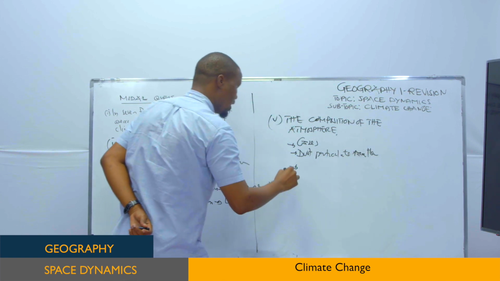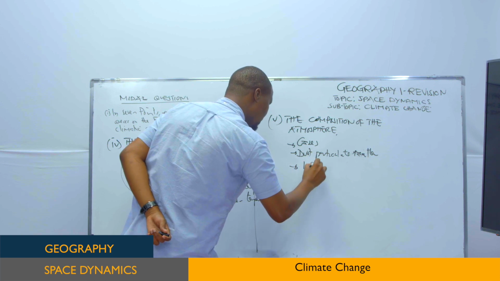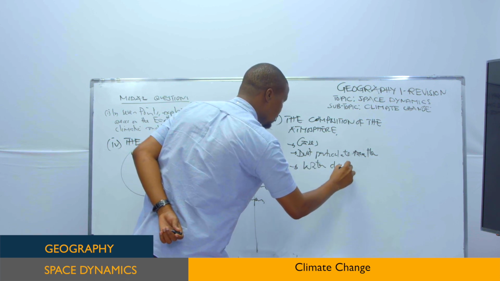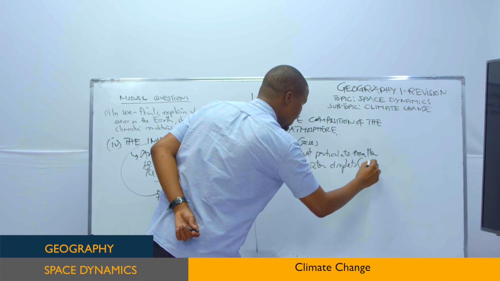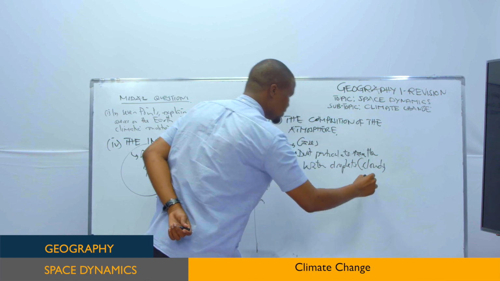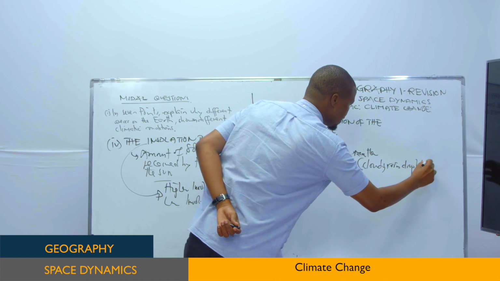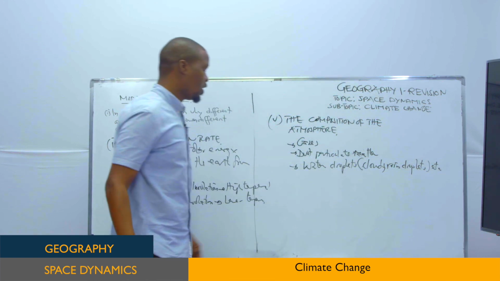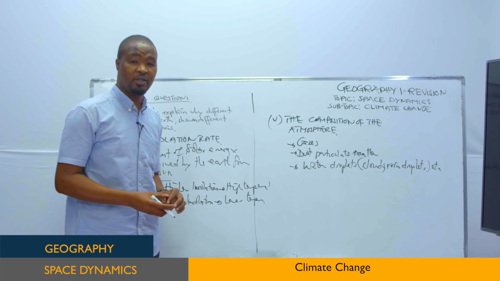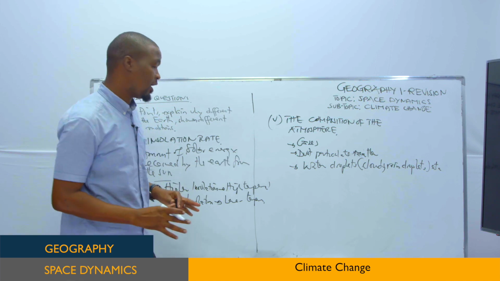We have water droplets, where we find what we call clouds, raindrops, etc. So we have a lot of material that comprises the atmosphere. So what happens?